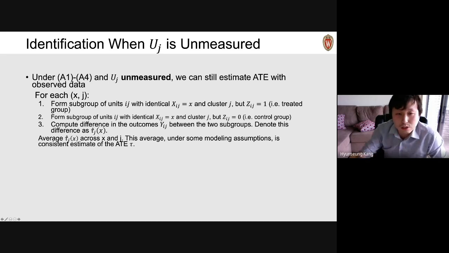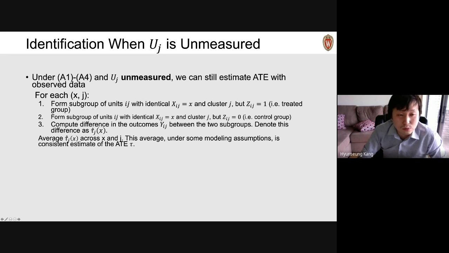We go through each cluster and form subgroups that are identical in X in that cluster, but with the treated people in that cluster. We also do this for the subgroup of identical X's in the cluster, but with a control group. Then we compare the differences in the outcome between these subgroups, and denote this difference as tau hat jx, because this is computed for each cluster at a particular value of X.